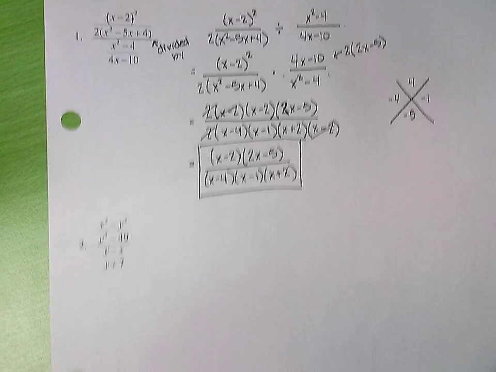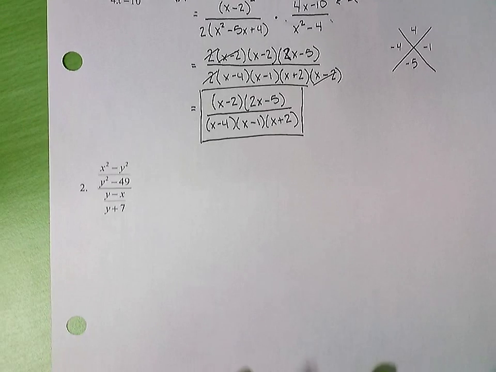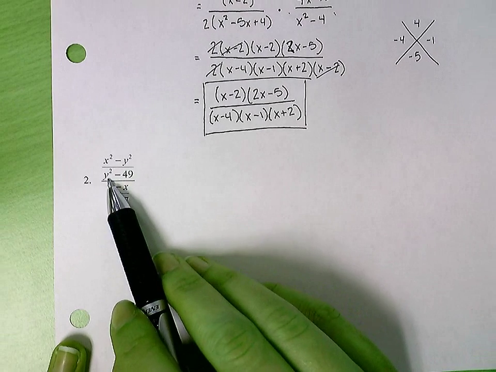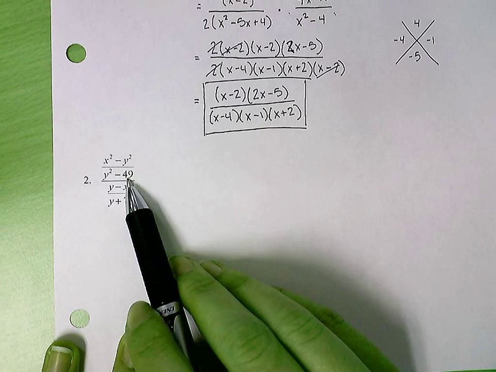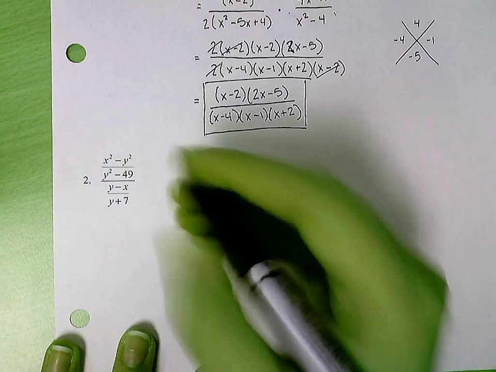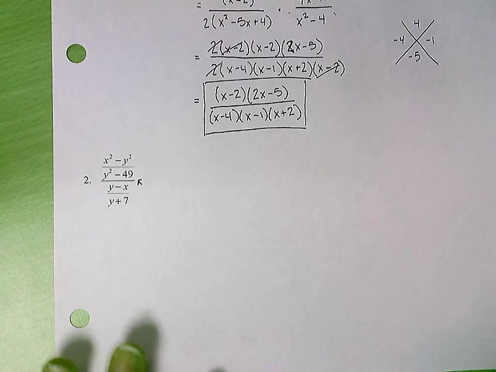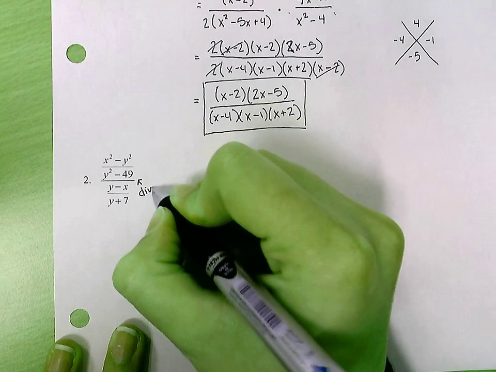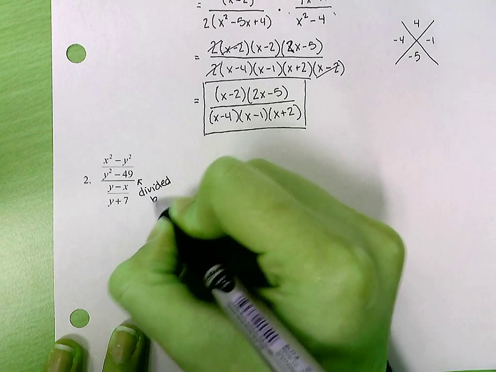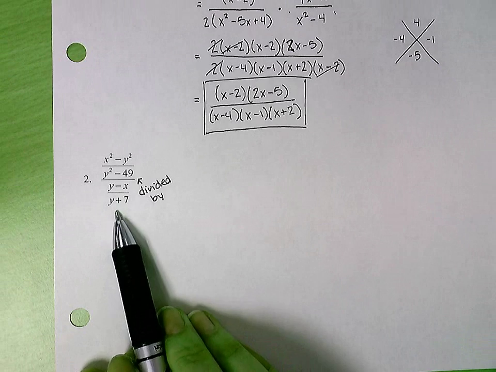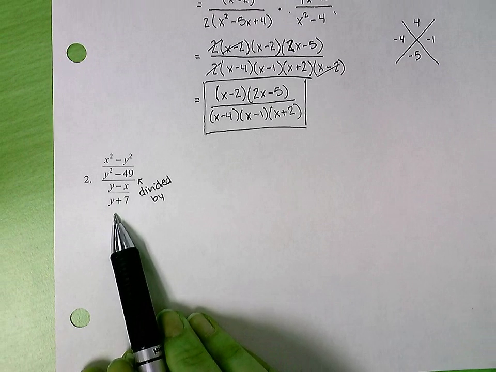Looking at the next one. We have x squared minus y squared over y squared minus 49. That is, again, over, using that larger fraction bar there. Again, that's still divided by. Then we have y minus x over y plus 7.